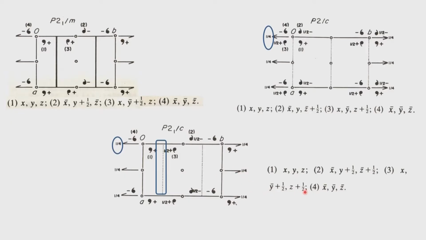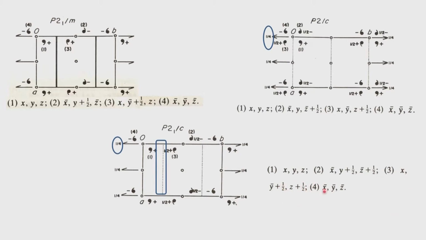Now, you notice that you have moved it by 1/4 along this direction, and therefore, you have to add another 1/4 to the z value. So, you have x, y bar plus half, and z plus half is the C glide operation. So, x and half plus z is the C glide operation. The y bar operation now gets added a half. So, therefore, we have x, y bar plus half and z plus half.